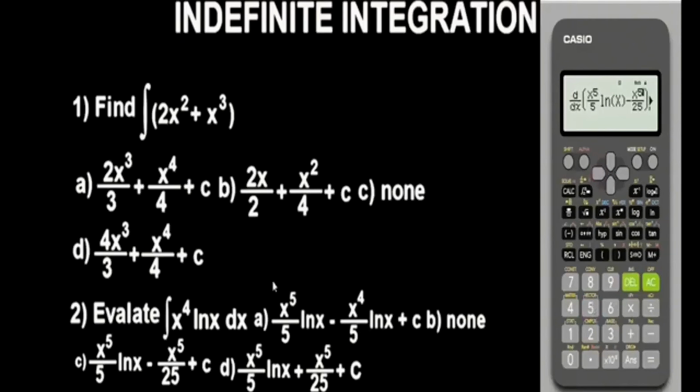What we have here is still correct. The brackets are balanced: 2 at the left, 2 at the right. Let's press equal.